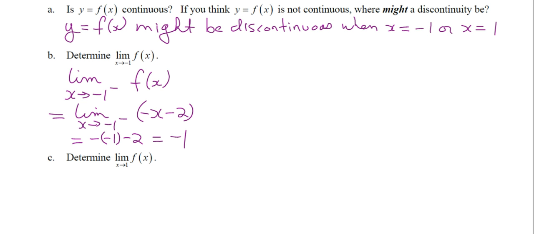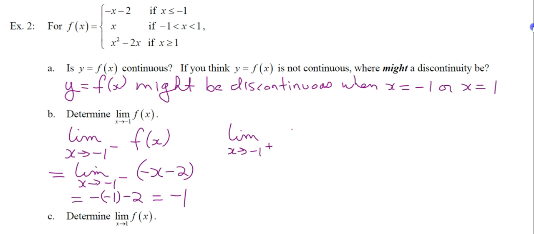Now we have to look at the limit as x approaches -1 from above of f of x, so we'll leave ourselves some room. Which function is it for approaching -1 from above? It's just going to be x, right?